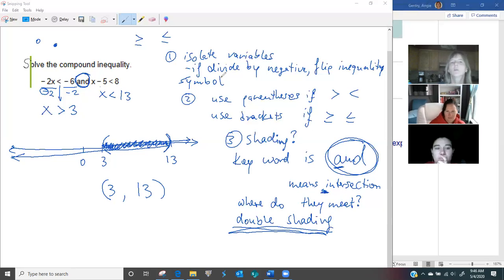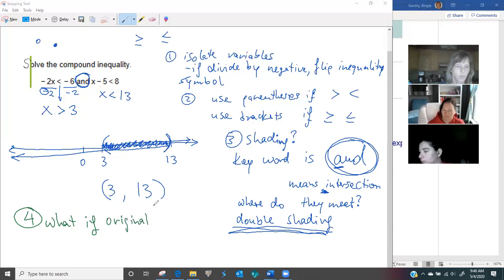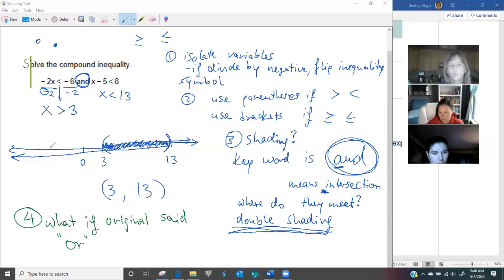So let's look at this for a second. I want to leave this up, but I'm going to use a different color, green, and explain what if this was exactly the same problem, but it said "or." You graph it just like this.